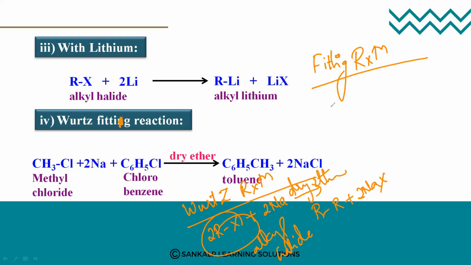Now, what is Fittig reaction? Instead of alkyl halide, you are taking aryl halides. I'll take a general reaction. This is aryl halide, plus 2Na, and there will be two molecules of aryl halide.